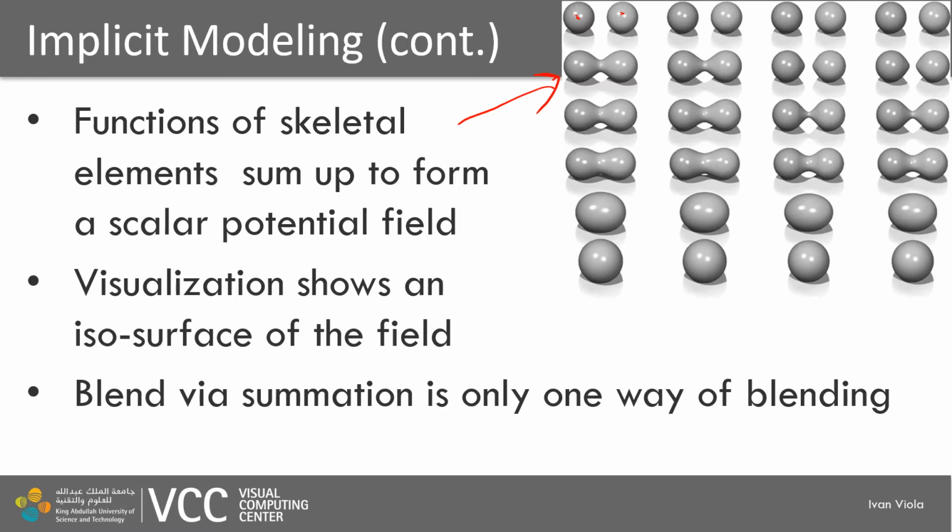And we can then trace a surface at a certain value of the functional value of our implicit representation. And now we will be bringing our points closer and closer. So we are decreasing the distance between points going from top to bottom. And we can see that there is a smooth blend created.